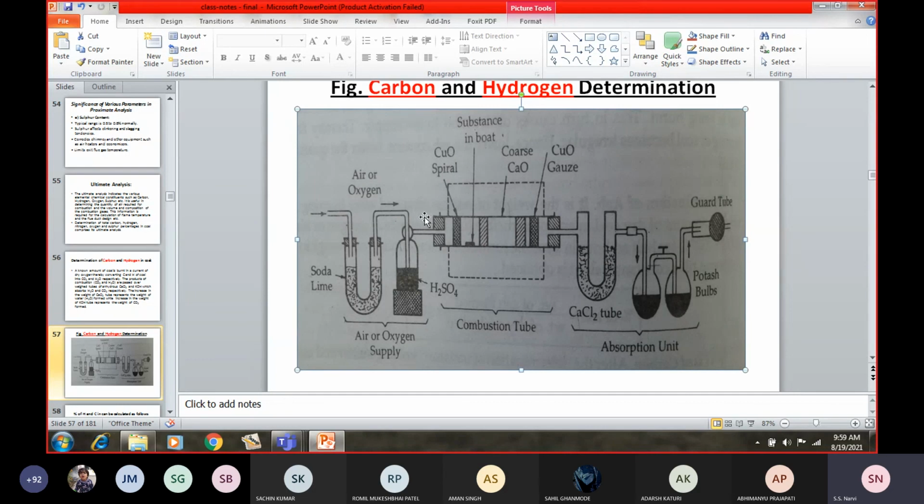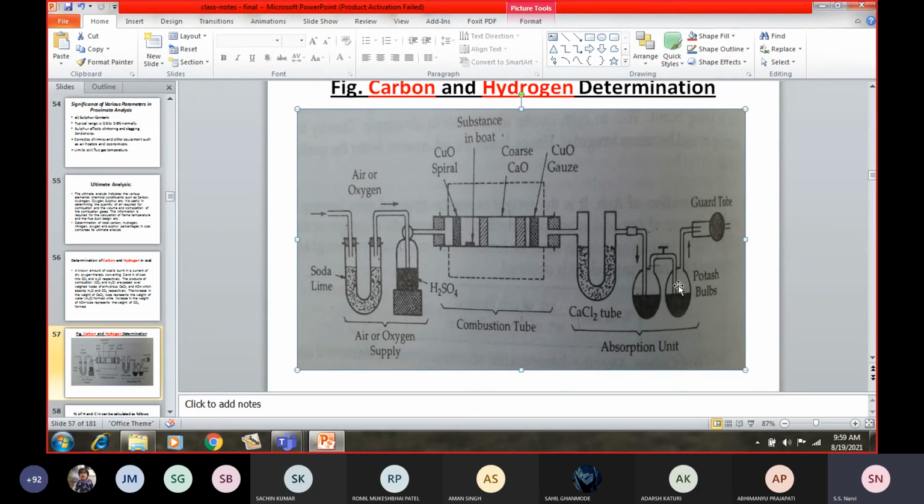Then whatever combustion takes place, carbon dioxide and water will come here. Water will be absorbed in this calcium chloride tube. You know the weight of this tube along with the calcium chloride. So the increase in the weight of the calcium chloride tube will give you the measure of how much water has been produced as a result of the combustion reaction. Similarly, the combustion product will come into this tube where you have potassium hydroxide.